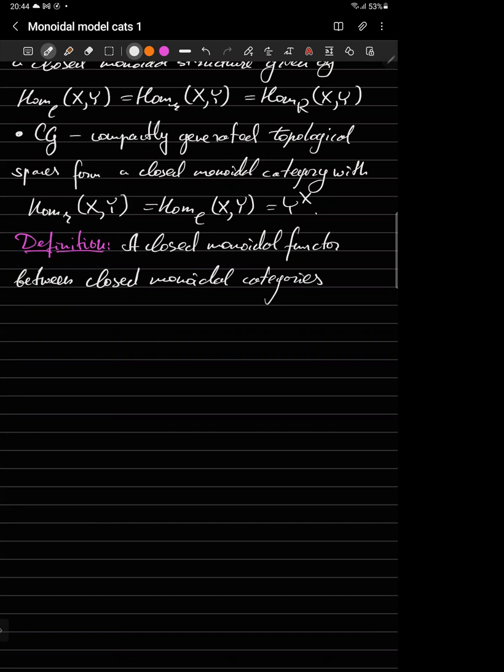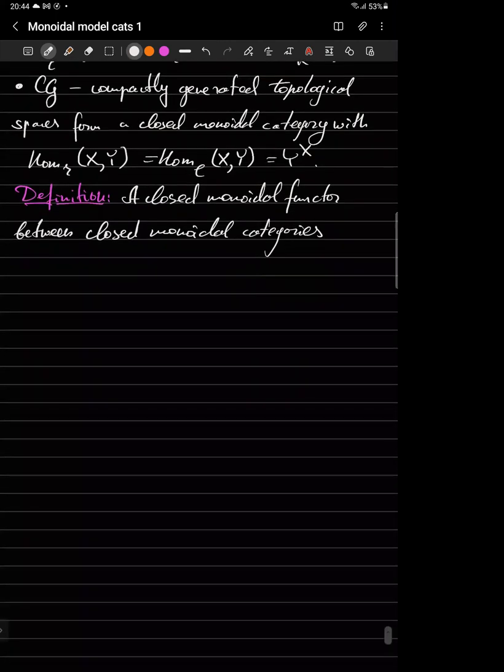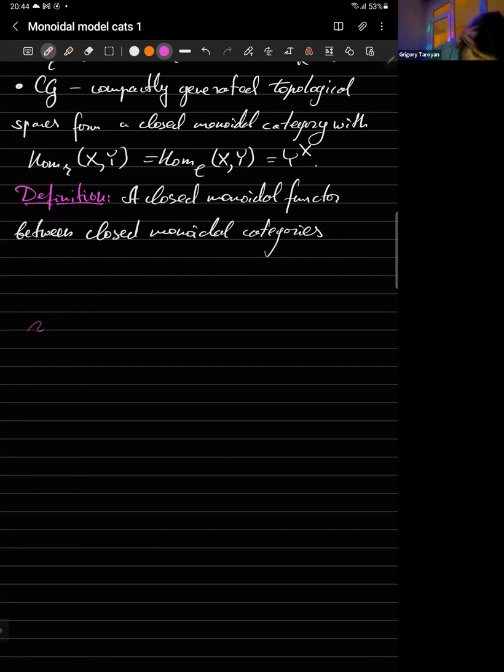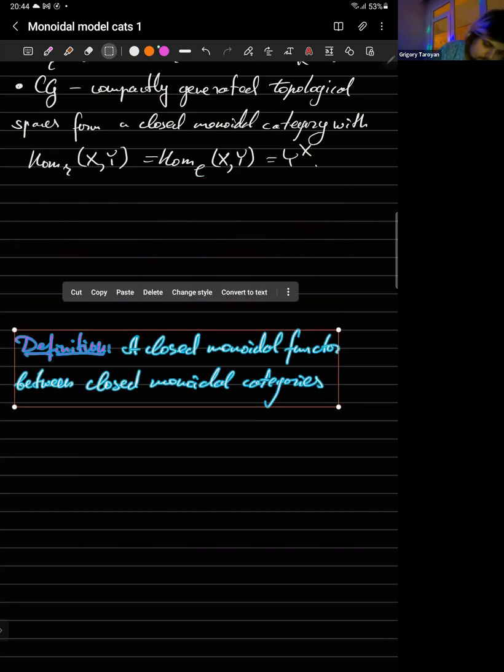Is there an example of two Homs which are different? Yes, yes, there is an example, although I don't understand it, but I can give one. So, one moment.